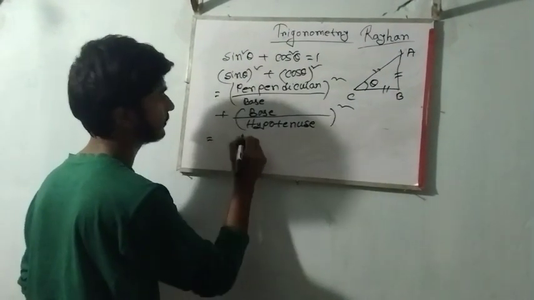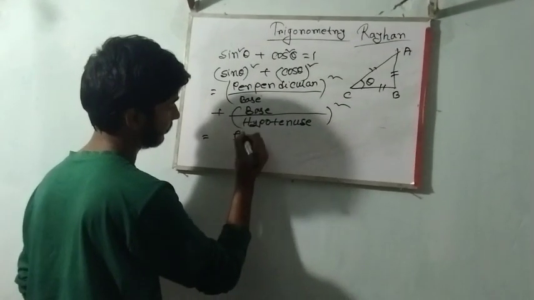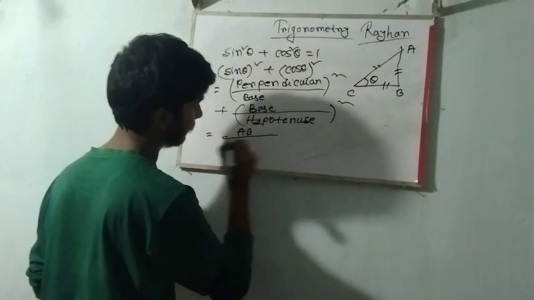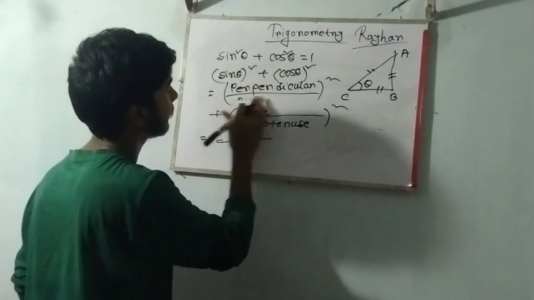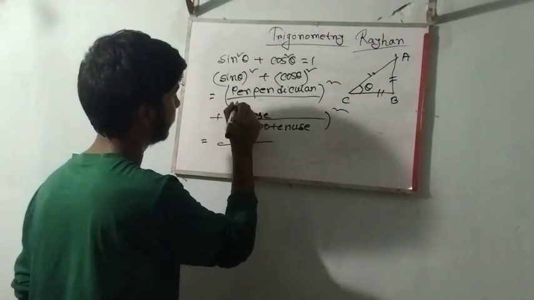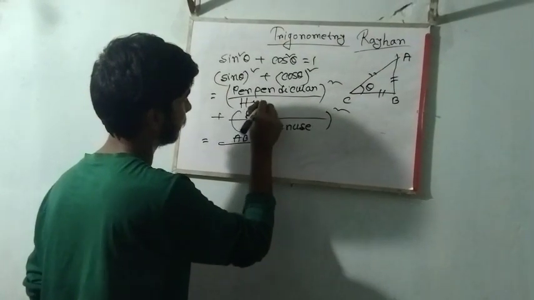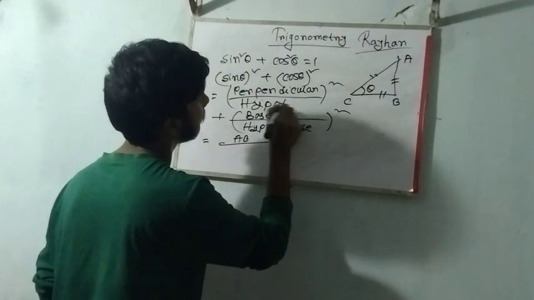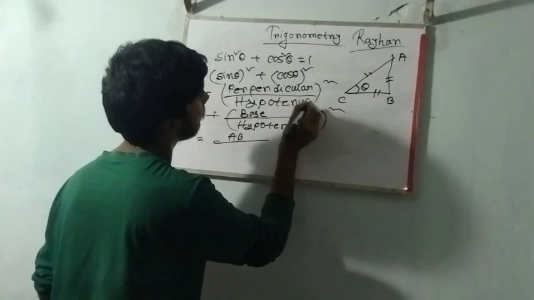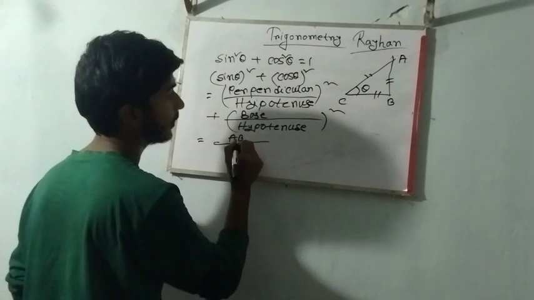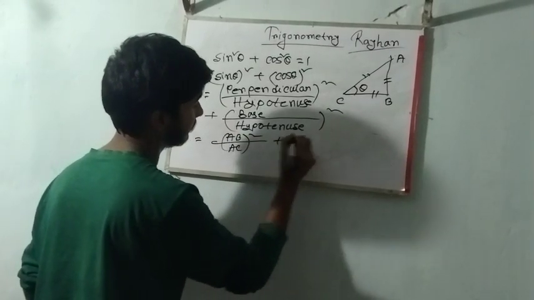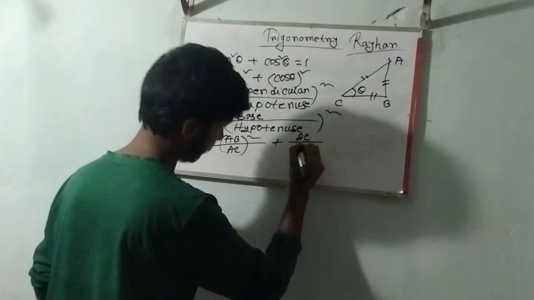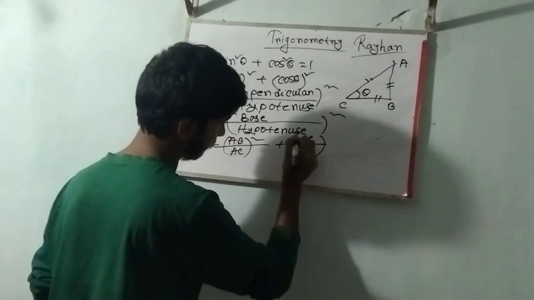That is AB by AC whole square plus BC by AC whole square.